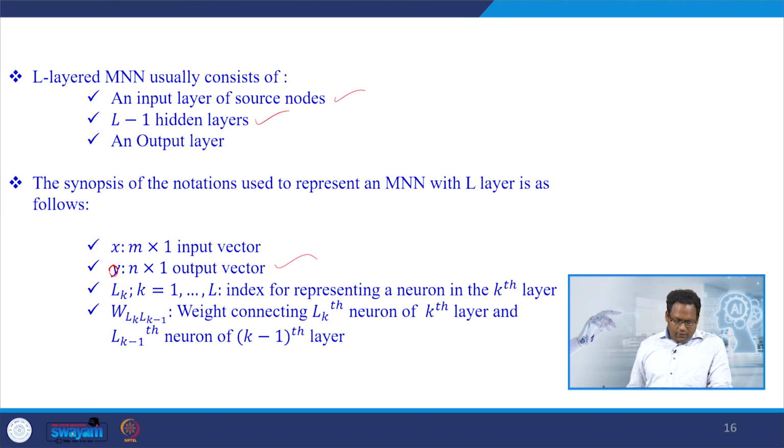And Lk, where k varies from 1 to L, is the index for representing a neuron in the kth layer, and W Lk Lk minus 1 represents the synaptic weights connecting the Lkth neuron of the kth layer to the Lk minus 1th neuron of the k minus 1th layer, which means that W L1 L0 implies the synaptic weights connecting the L1 neurons to the L0 neurons.